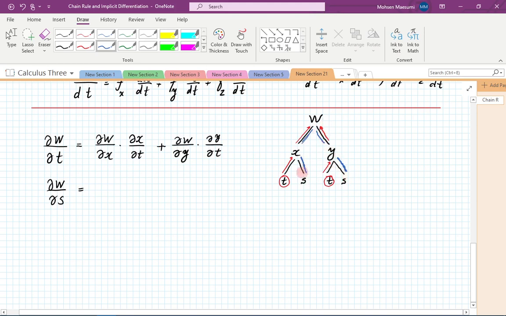On each of these paths, we multiply the sensitivities going up and then add them up. So we have partial of w with respect to x, then partial of x with respect to what now? It's s. Partial of w with respect to y times partial of y with respect to s.